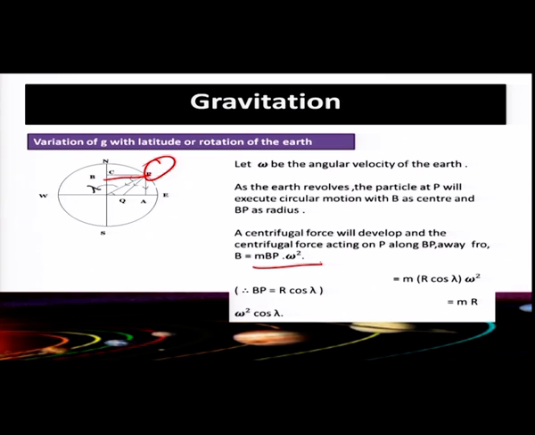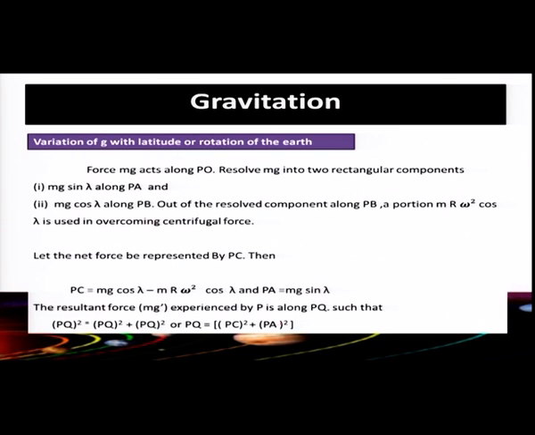Since BP is equal to r cos lambda, it is m r omega squared cos lambda, and the force mg acts along PO.